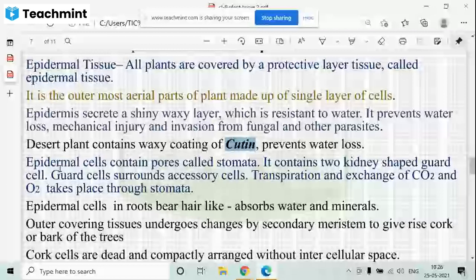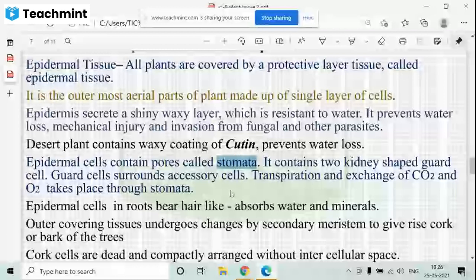Now, epidermal cells contain small pores called stomata. You have studied these in class 7. Do you remember? Yeah. Most of the stomata are found in the lower part of the leaf, not the upper. Remember, most of the stomata are on the lower part of the leaf because the upper part is for photosynthesis.